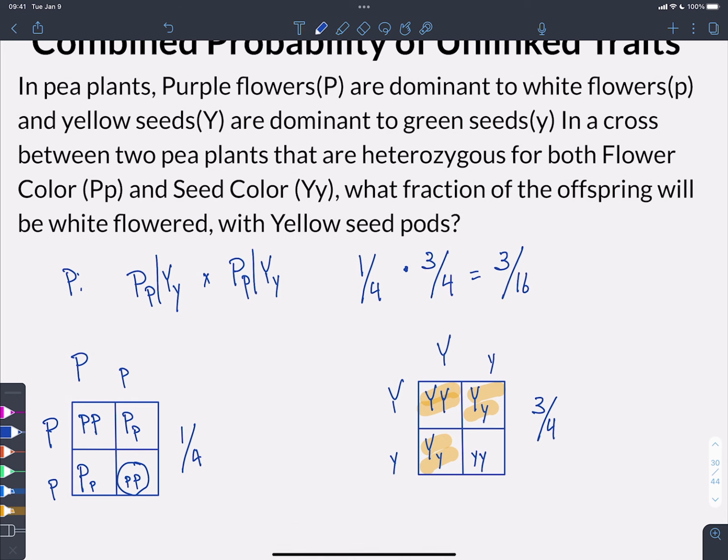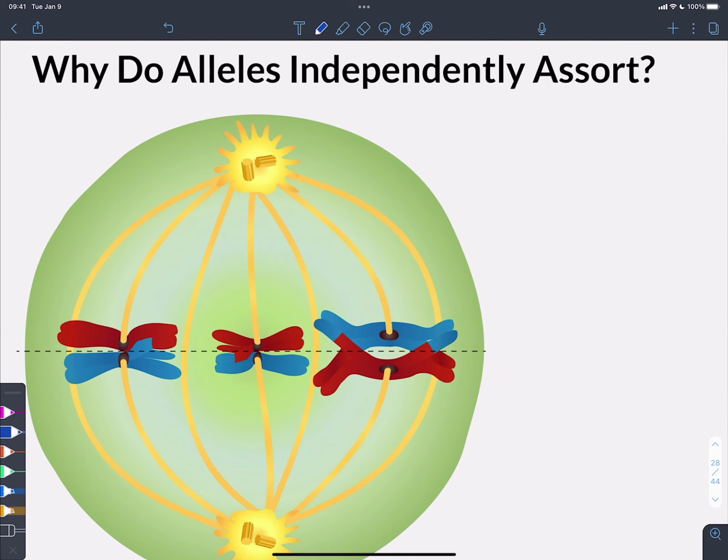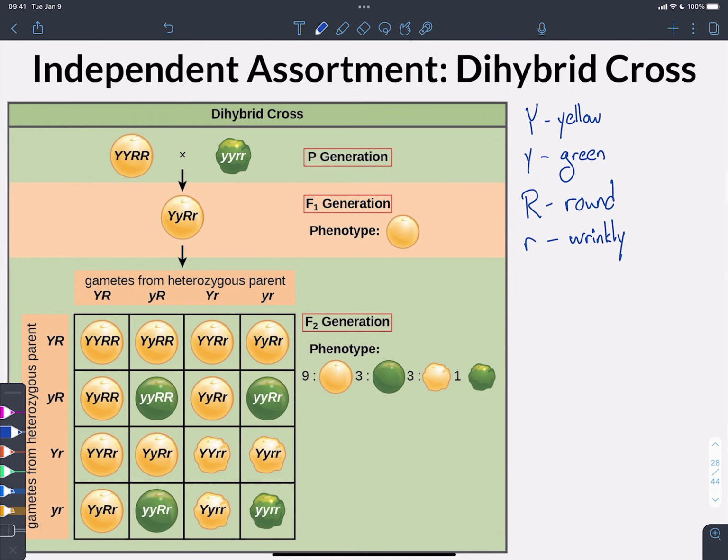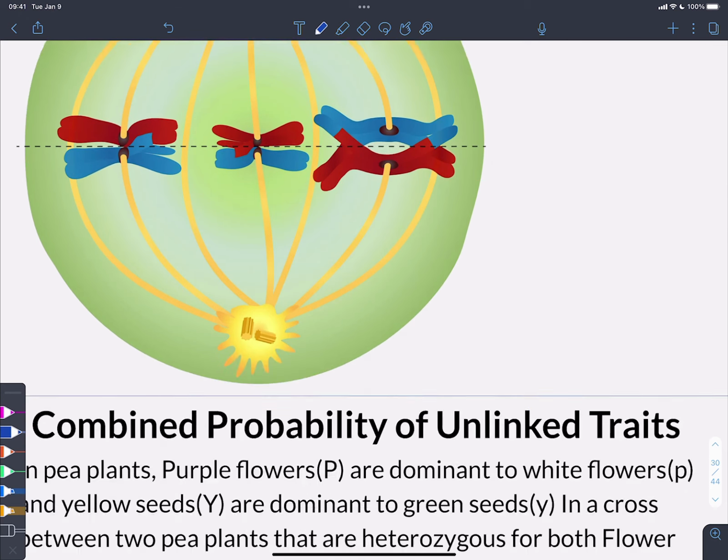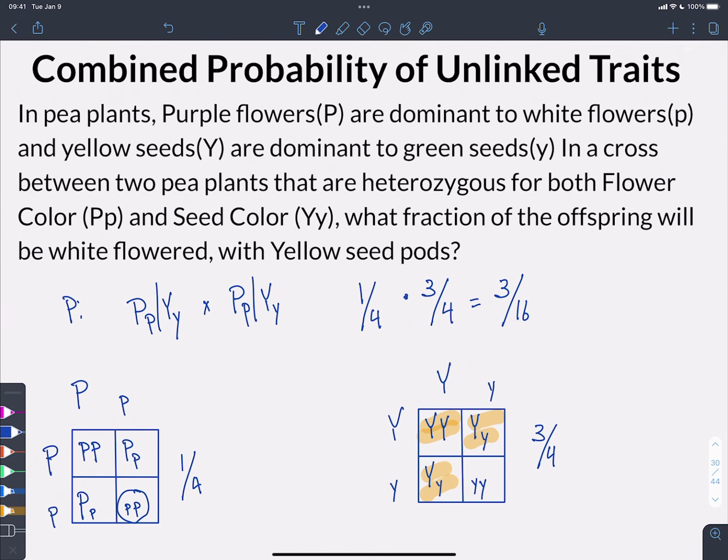We would expect that in this cross, we would produce 3/16 of our offspring that would have both white flowers and yellow seeds. That's the power of independent probabilities, and why you do not have to draw a Punnett square with 16 different boxes in order to get the answers to most of the genetic questions that you'll be asked. You can simply find the independent probabilities and multiply them by each other in order to figure it out.